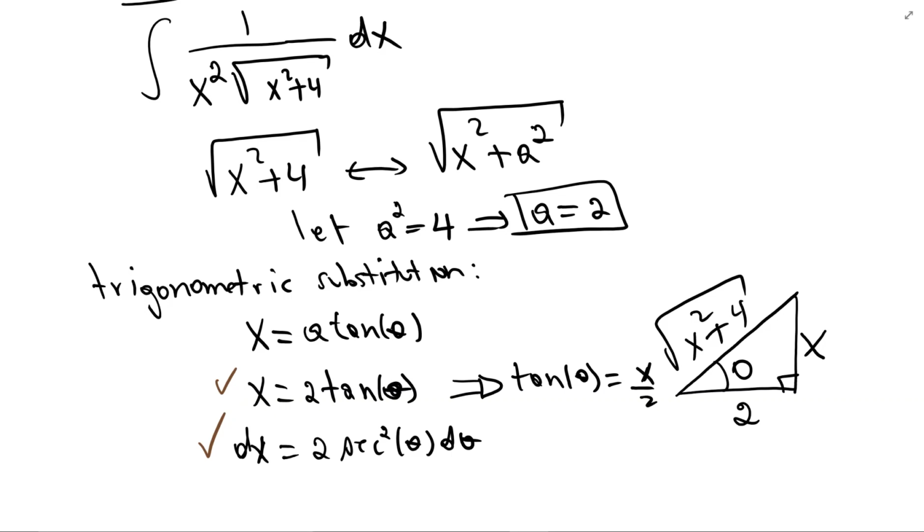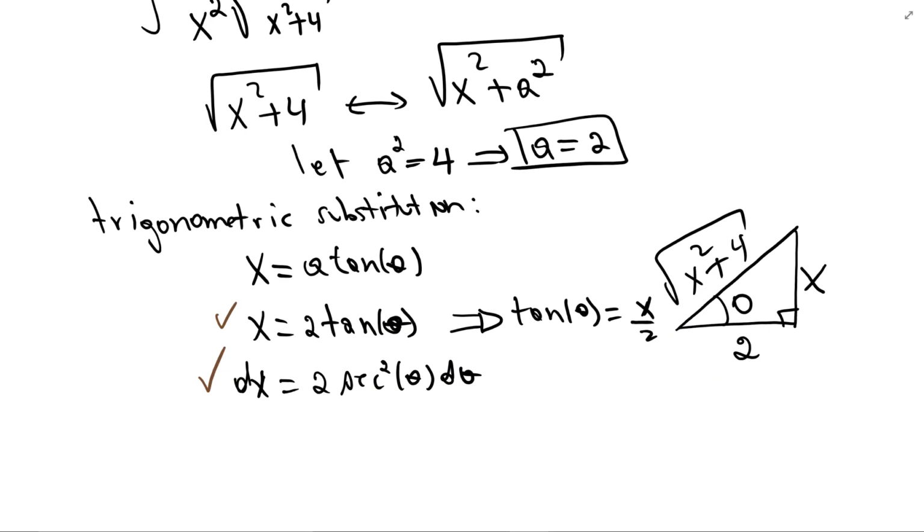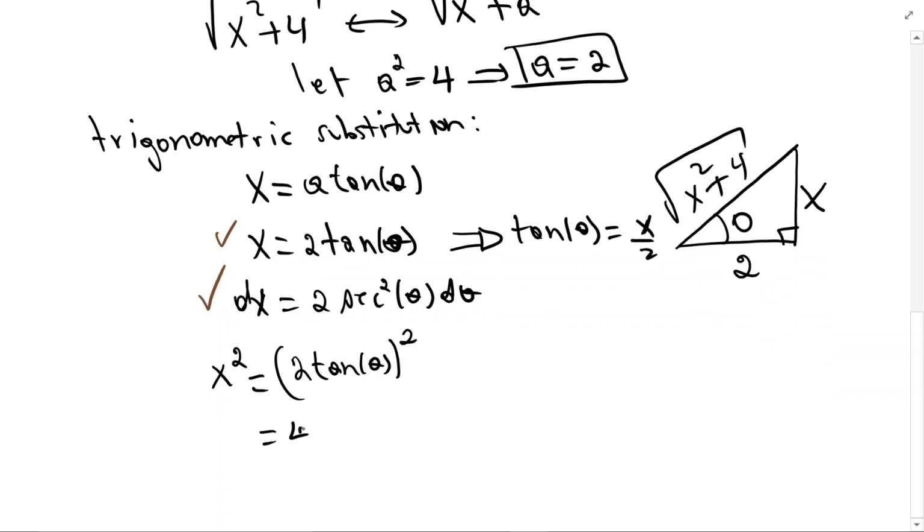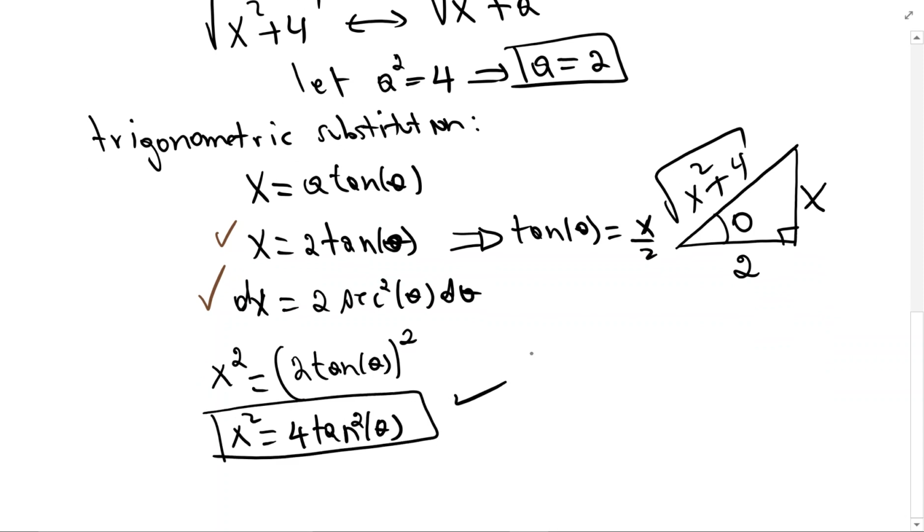To get x squared, we're going to square 2 tangent theta. That will give us 4 times tangent squared theta. So now we got x squared.